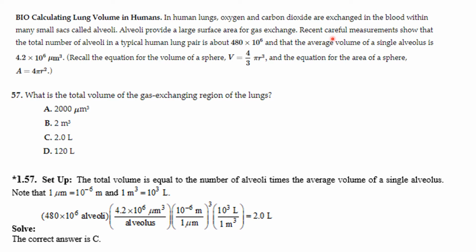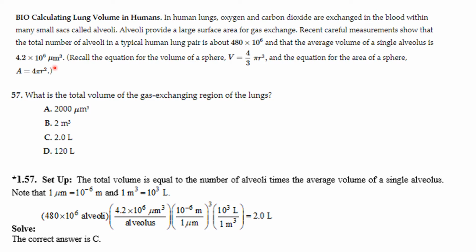Recent careful measurements show that the total number of alveoli in a typical human lung pair is about 480 million, that is 480 times 10 to the 6th, and the average volume of a single alveolus is 4.2 times 10 to the 6th, and this is cubic micrometers.